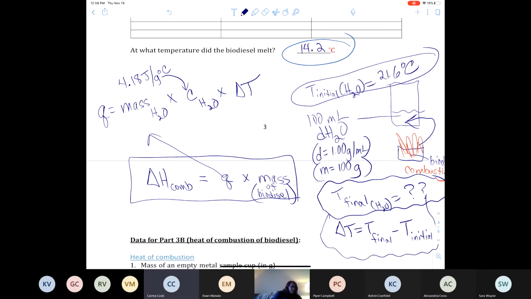So first calculate Q, and then use the Q times the mass of the biodiesel to calculate your delta H of combustion, which is the heat of combustion of the biodiesel.